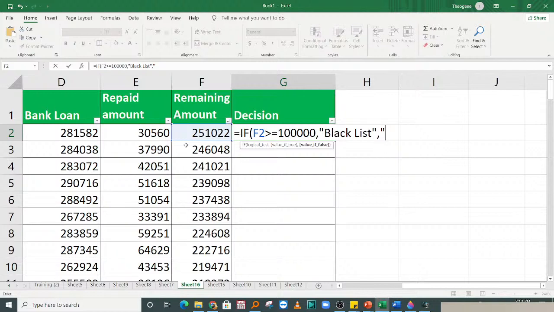But otherwise, it should be good progress. Good progress of what? Of making this repayment.